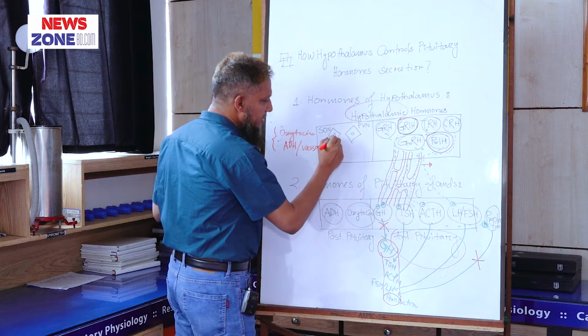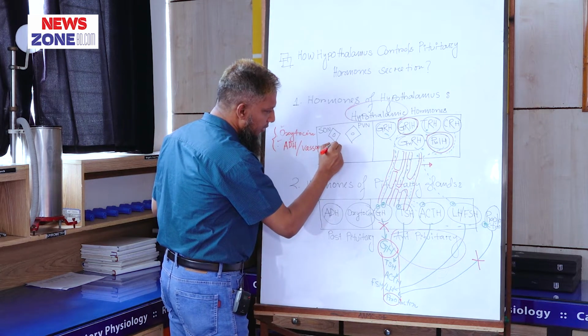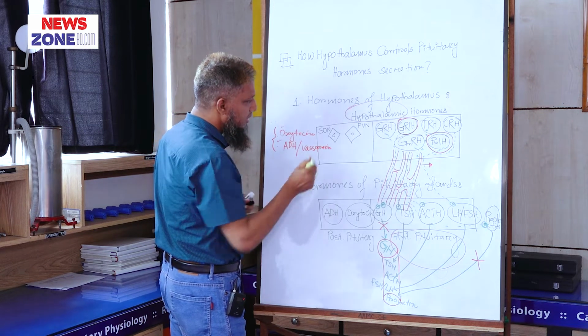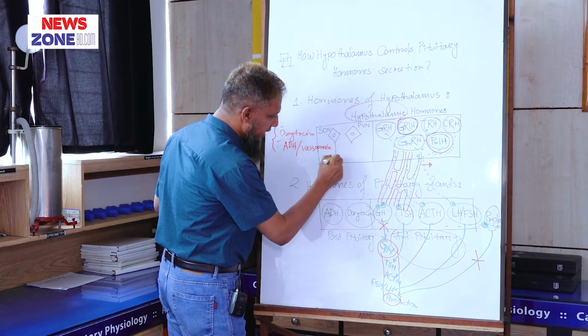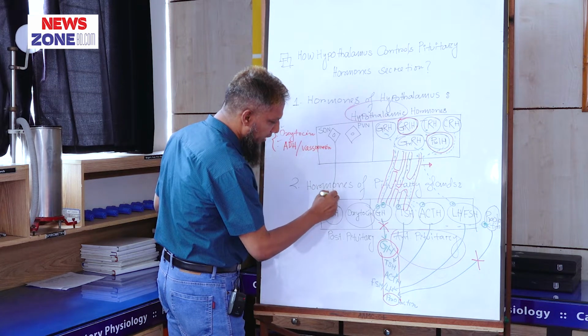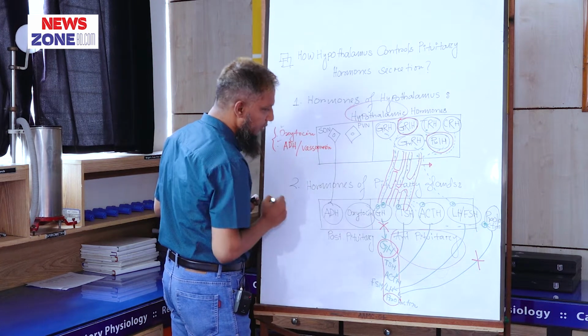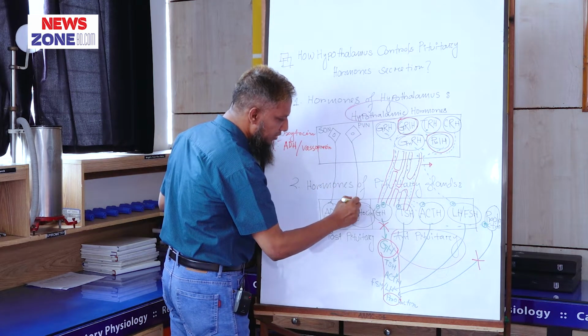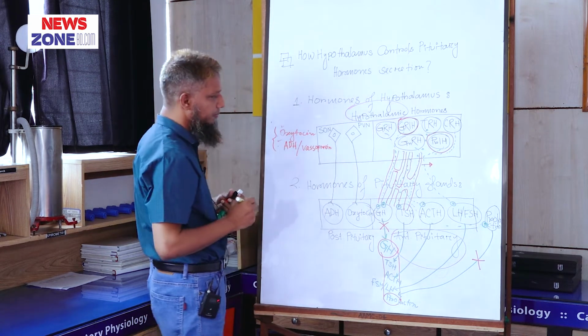After synthesis, this supraoptic nucleus sends its axon terminals into the posterior pituitary. Also, the paraventricular nucleus sends its axon terminals into the posterior pituitary.